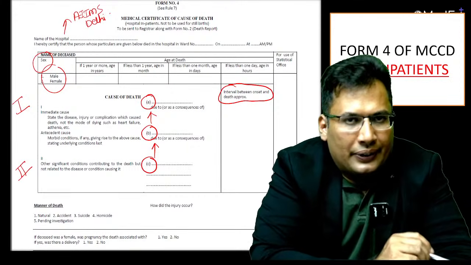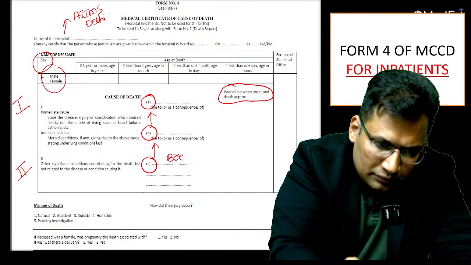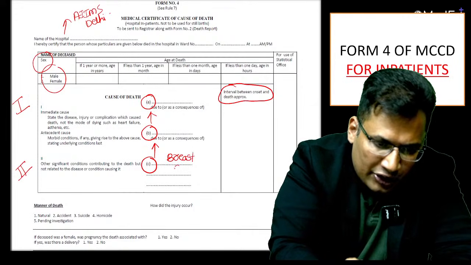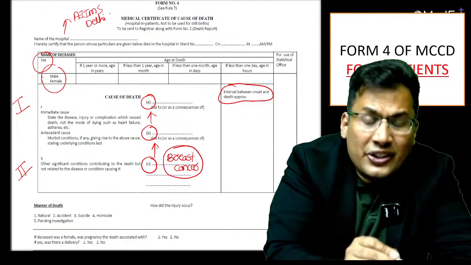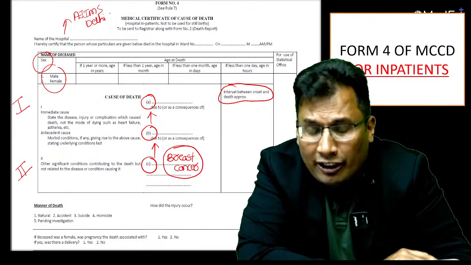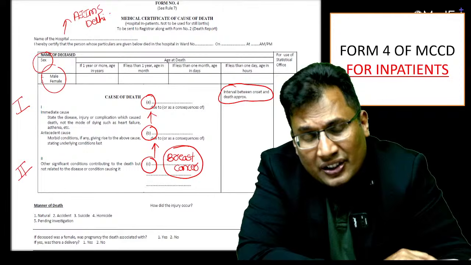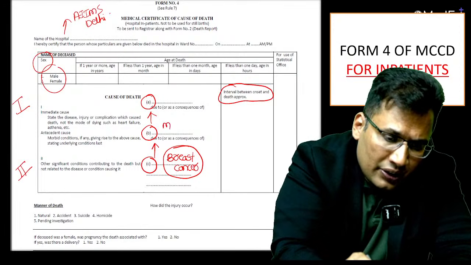For example, here, a case of breast cancer. Advanced breast cancer. Metastasis to the brain is very common. As you know, breast cancer leads to metastasis.